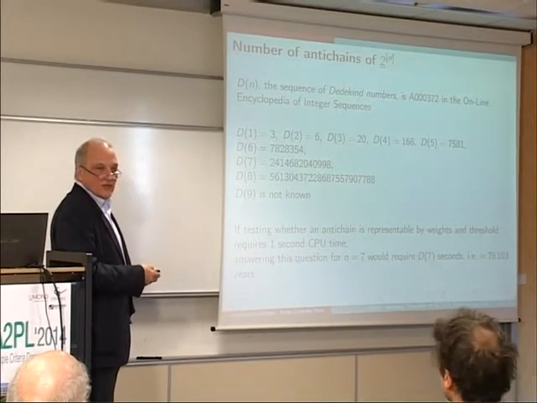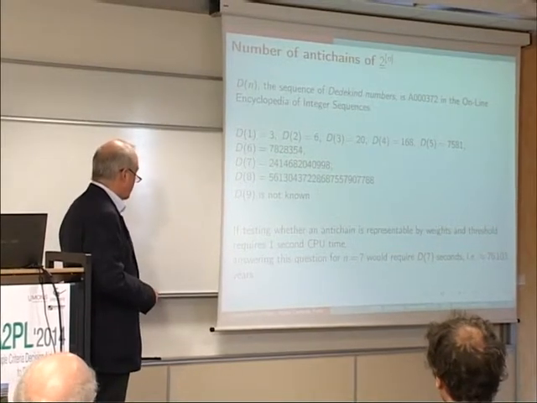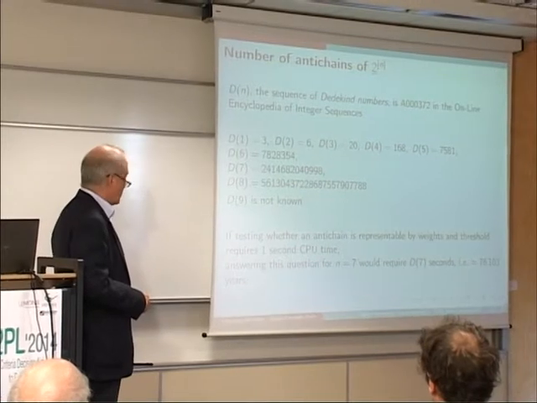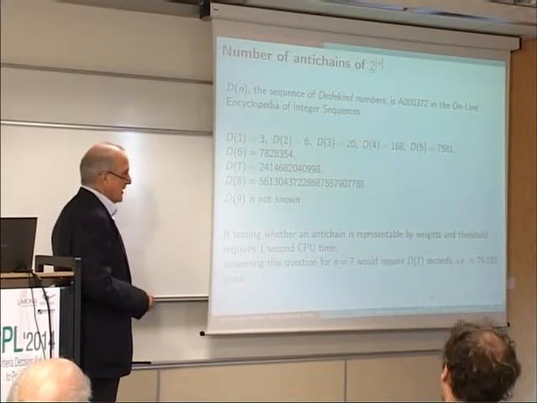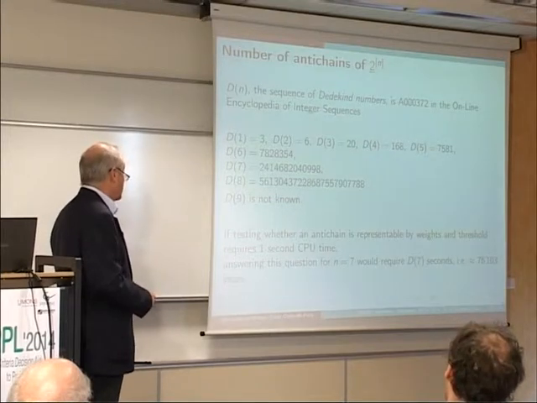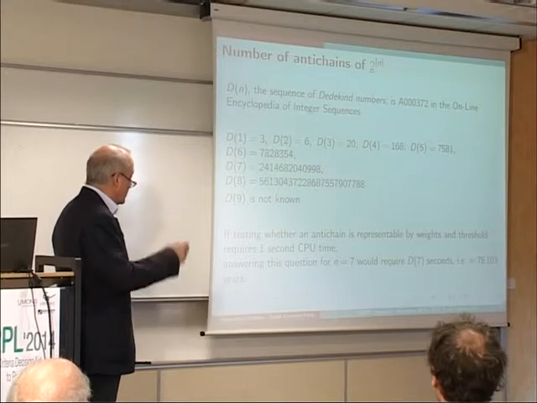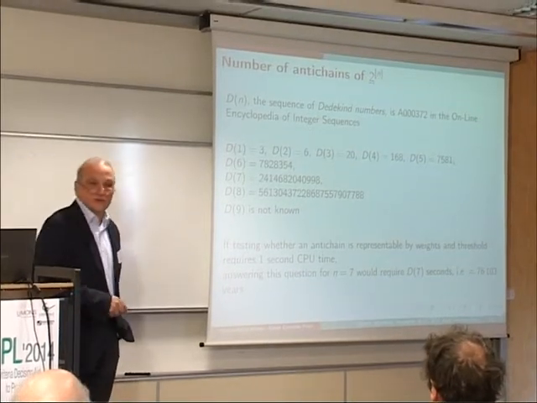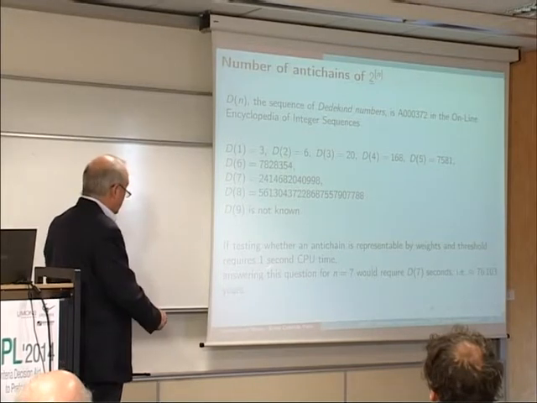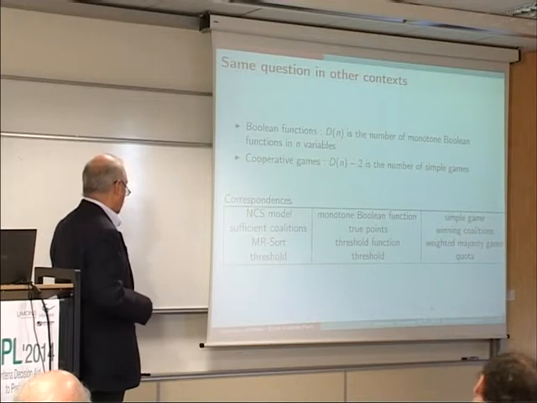But this is not a possible way of doing things, because if you want to check every anti-chain, for instance, for n equals 7, and one anti-chain takes 1 second for checking, then you will need more than 70,000 years to check everything. And even if it takes 1/100th of a second, it's already too much.